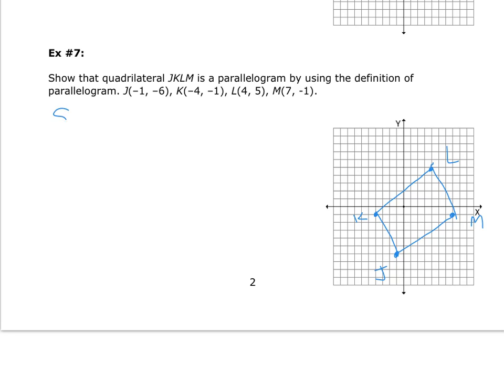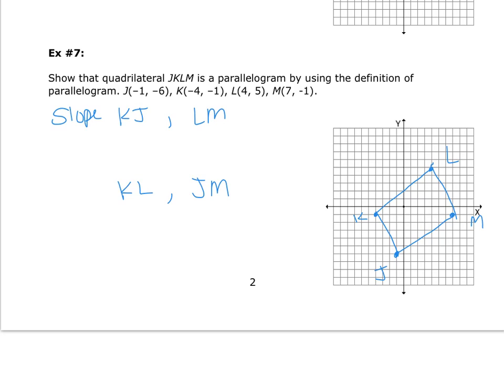So I want to look at slope, and I want to compare slopes for KJ and LM. I'm trying to get them to be the same. And then I also want to double check that KL has the same slope as JM. So I need to count that out. I'm going to start with KJ.